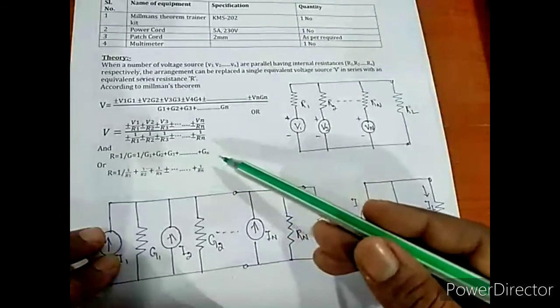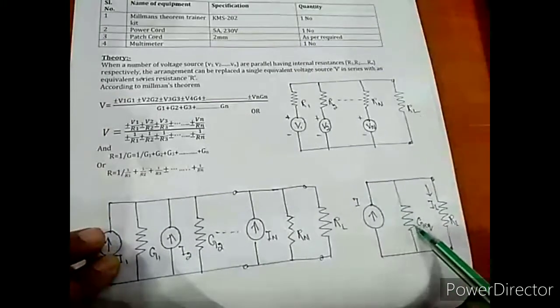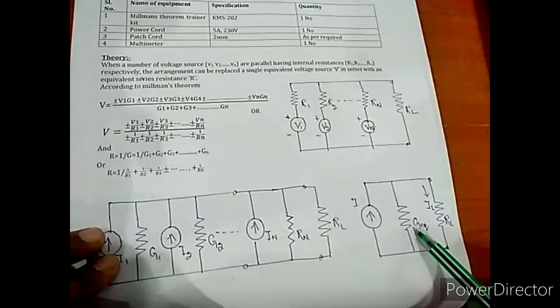As you know, if resistances are connected in parallel, the property says that conductances are added. So the total equivalent conductance is equal to G1 plus G2 plus up to Gn.